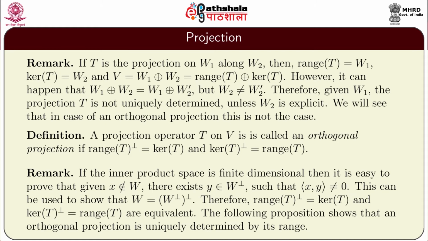So, just one condition would be enough for an operator which is a projection operator to be an orthogonal projection. Now, the following proposition shows that an orthogonal projection is uniquely determined by its range.